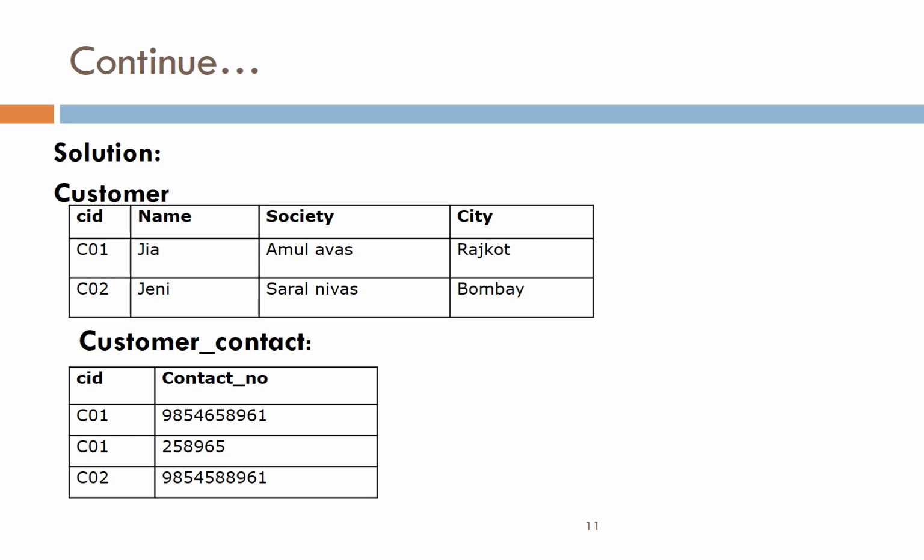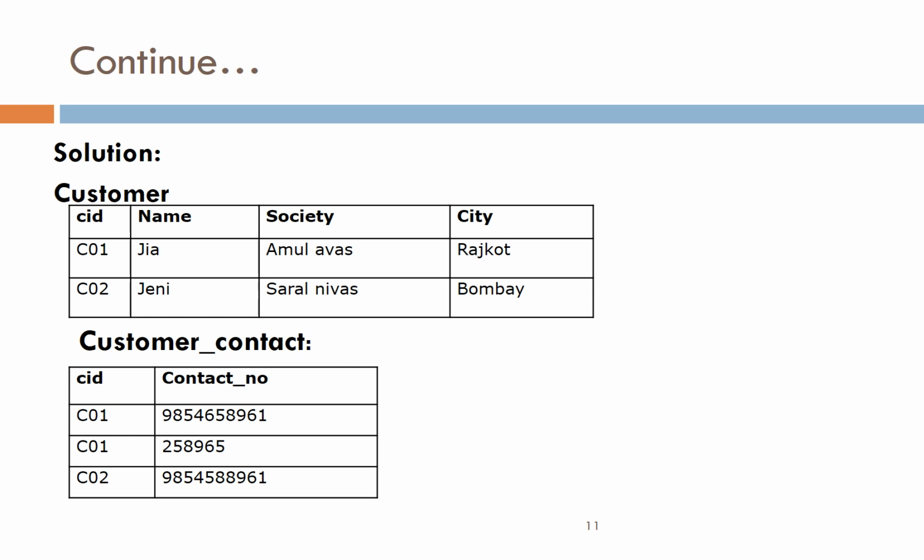In the Customer table we solve the problem of composite attribute. The address attribute we divide into society and city, two different columns, and we remove the address field name, so we have four columns in the Customer table: customer ID, name, society and city, right? In this way we are removing the composite attribute.